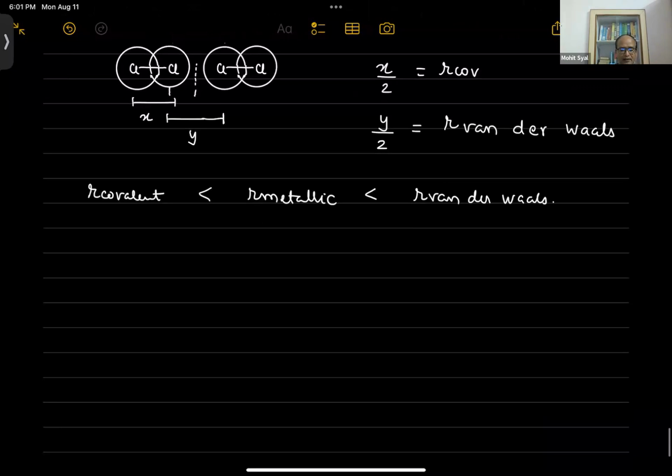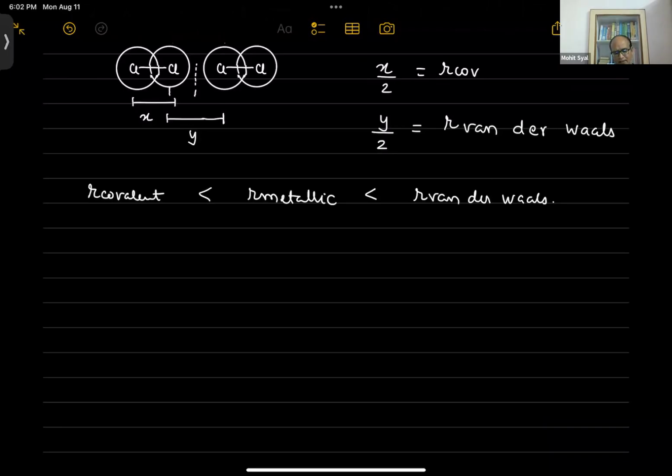So how does the size vary as you move from left to right? Now the periodic trends. You can compare the covalent radius for all of them, or the metallic radius, anyone you can take.